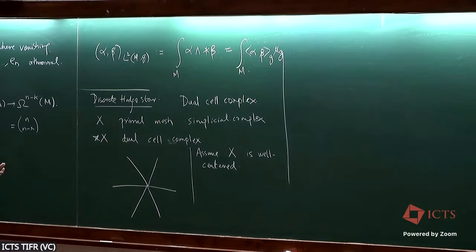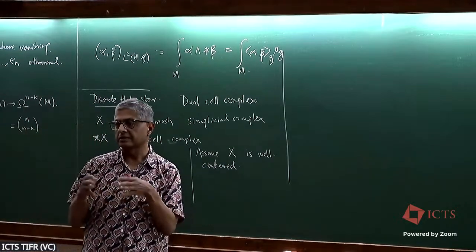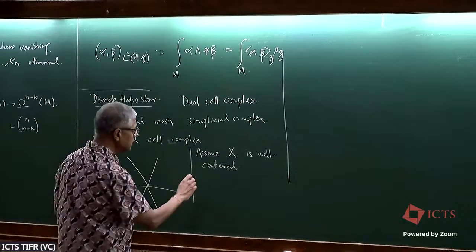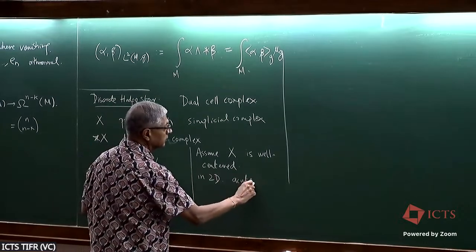But for now, for simplicity of understanding the story, it's better to assume that the circumcenter of every simplex is inside it, in the interior. So for example, in 2D, this means acute triangles.